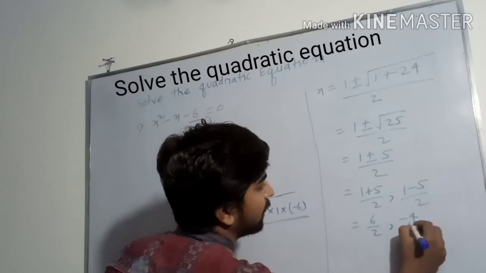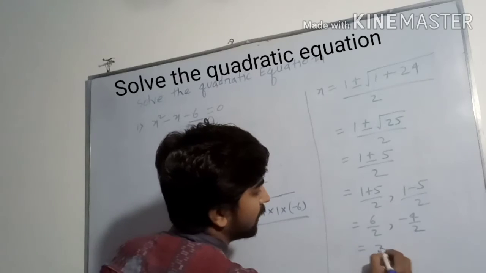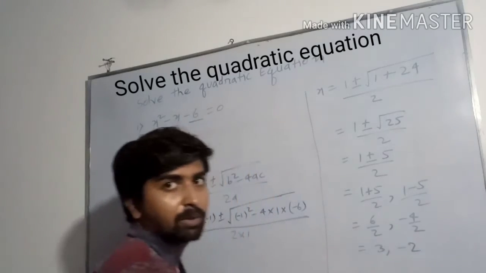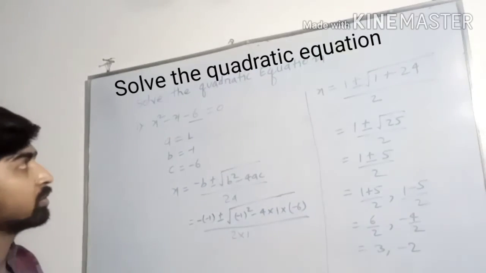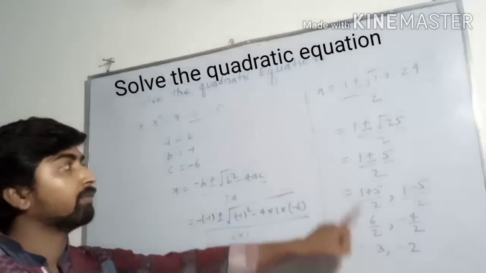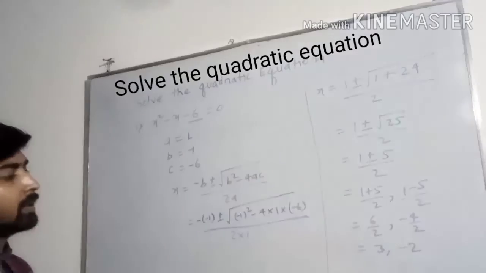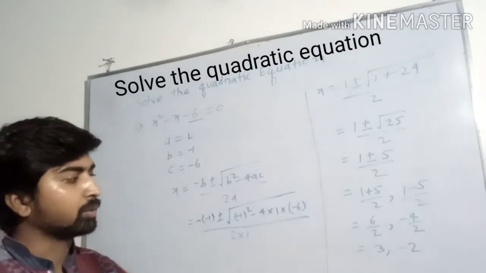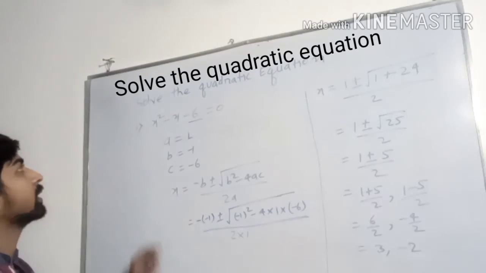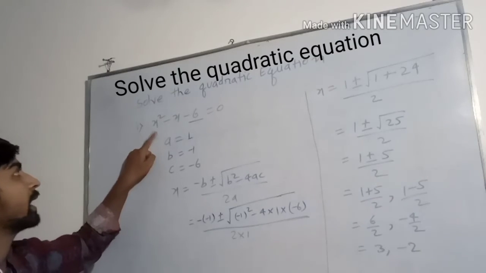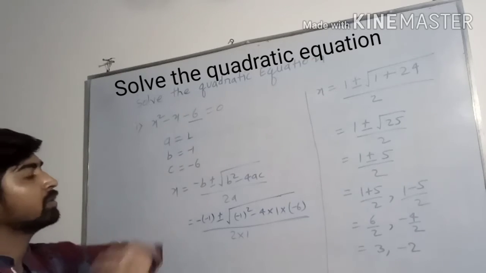This is -4 by 2, which is -2. So there are two values of x. One is 3 and the other is -2. 3 and -2 are the roots of this quadratic equation x² - x - 6 = 0.